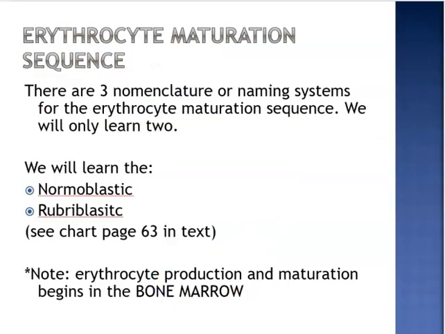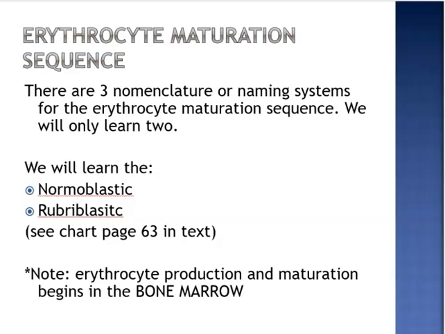Before we get into the different steps of the maturation sequence for the red blood cells, you need to know there are actually three different naming systems or three nomenclature systems for erythrocyte maturation. Now we're only going to learn two. Don't ask me why there are three naming systems.